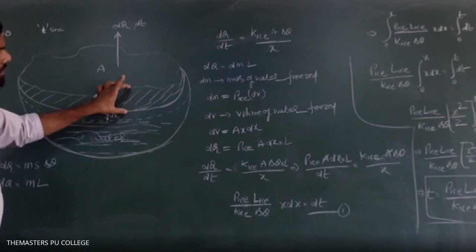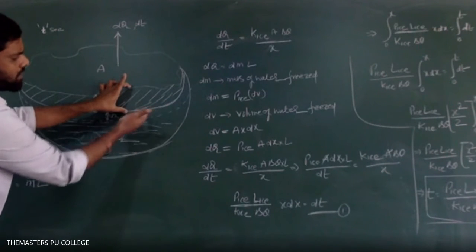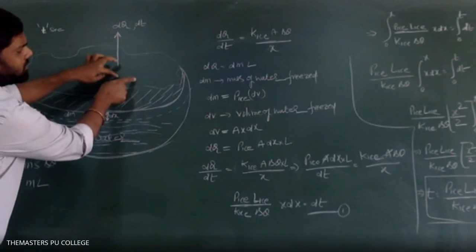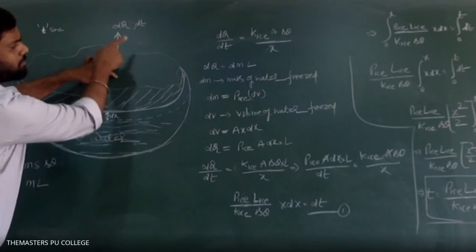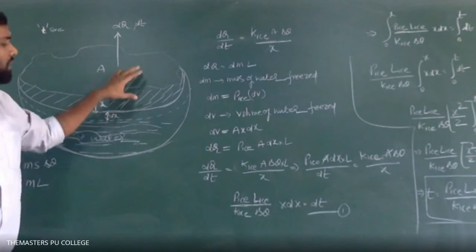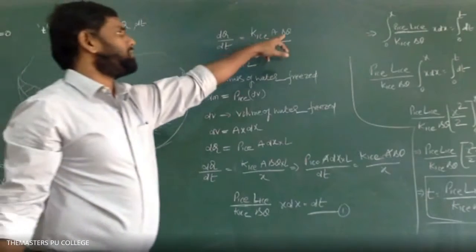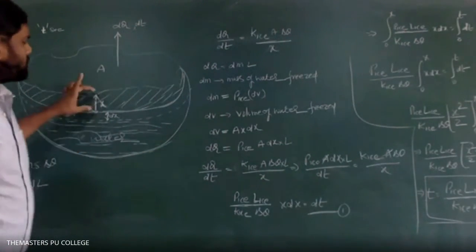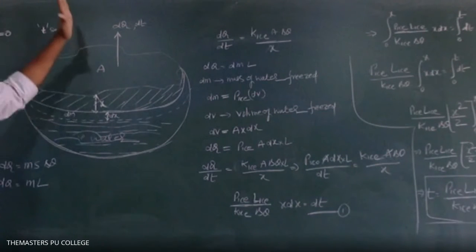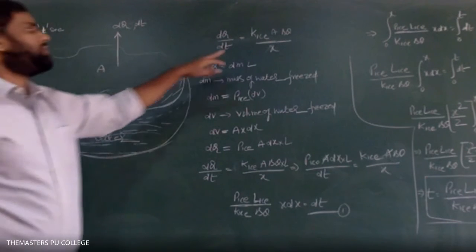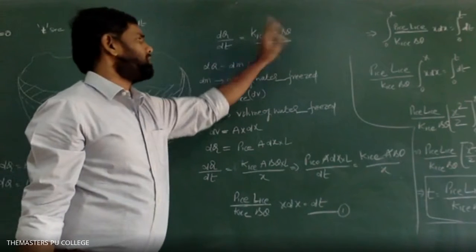If you take this ice slab, this side is exposed to the water, which is at nearly 4 degrees centigrade, and this side of the ice layer is exposed to the atmosphere, which is at a negative temperature, less than 0 degrees. So delta theta is the temperature difference between this water and the atmosphere. The effective distance through which heat is flowing is x. That's why we got K delta theta by x.